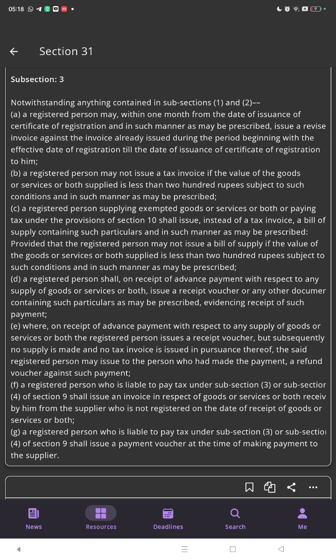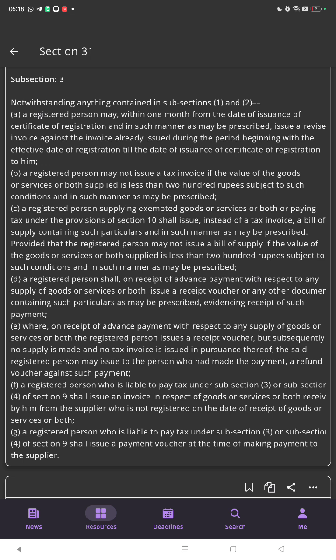A registered person supplying exempted goods or services or both, or paying tax under the provisions of section 10, shall issue, instead of a tax invoice, a bill of supply containing such particulars and in such manner as may be prescribed, provided that the registered person may not issue a bill of supply if the value of the goods or services or both supplied is less than 200 rupees, subject to such conditions and in such manner as may be prescribed.